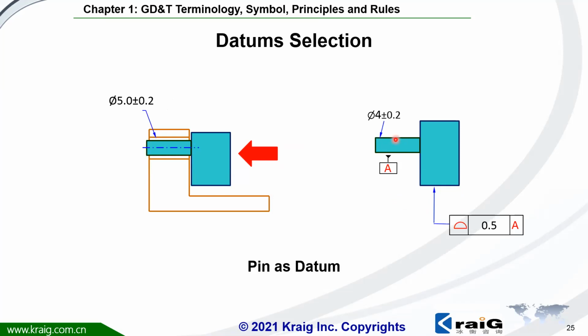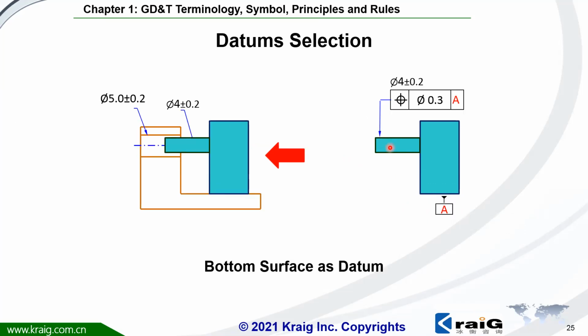If the locating relationship is through the pin and hole, the datum supposed to be the pin. If the locating relationship is between the bottom surface and the bottom surface, then the bottom surface supposed to be used as a datum.